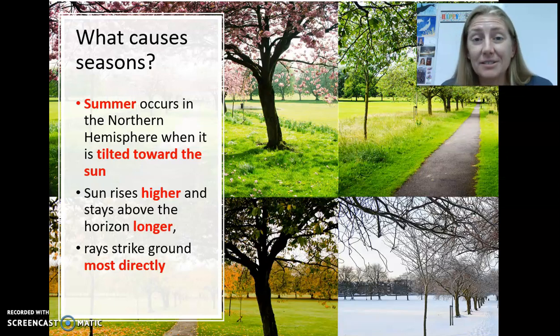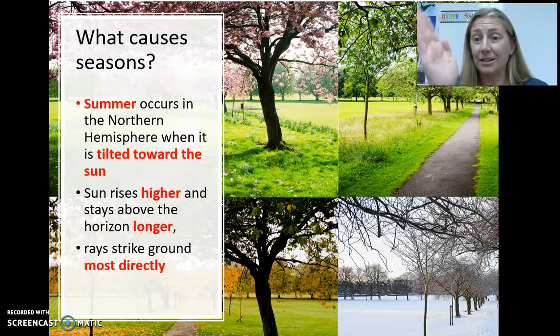And it's the opposite in the southern hemisphere. Southern hemisphere has their summer in what we typically call our winter months. The southern hemisphere experiences summer in the months of like November, December, January, February, because at that point the southern hemisphere is tilted towards the sun. So that's what seasonality is.